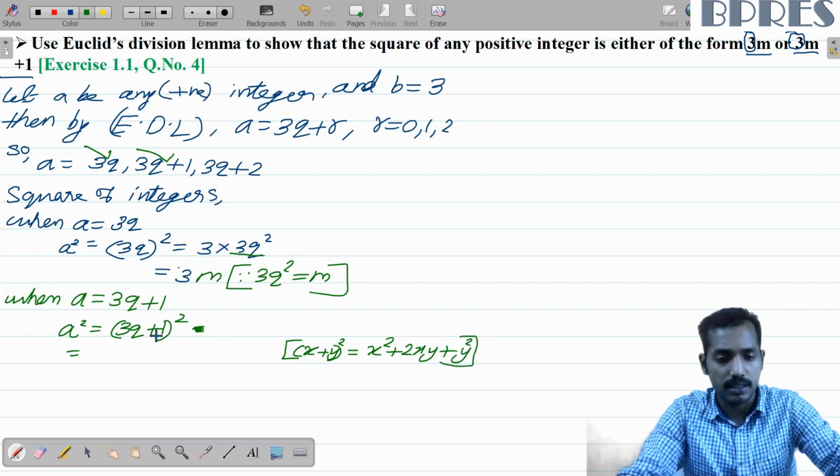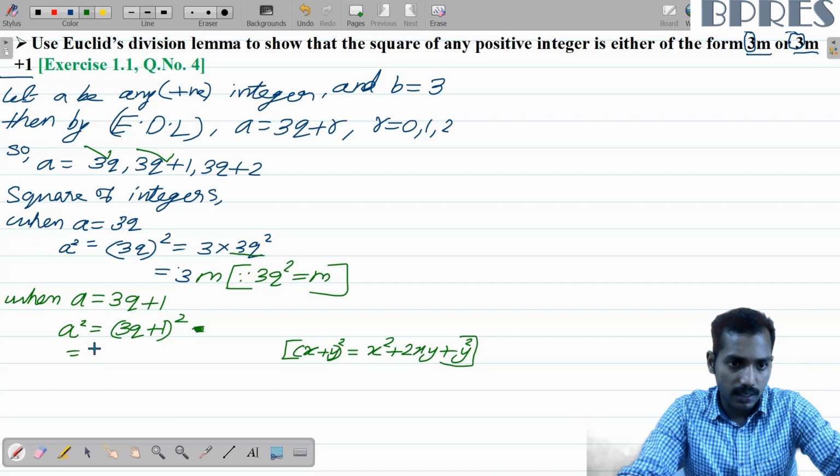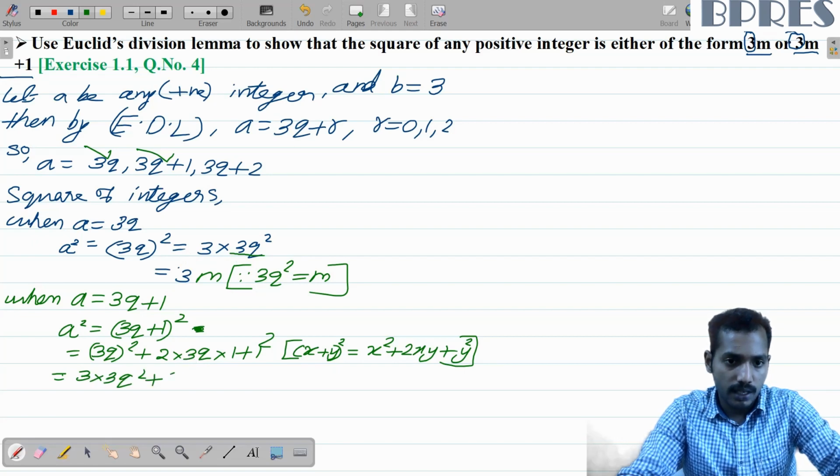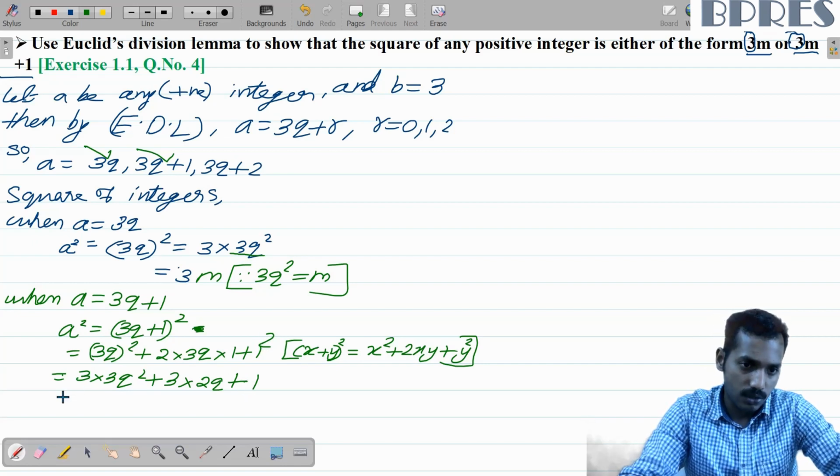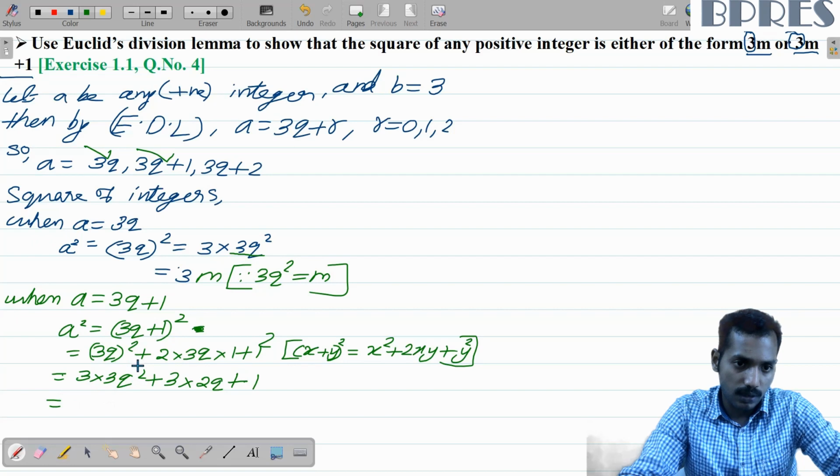Using this algebraic identity, we get 3q whole square plus 2 into 3q into 1 plus 1 square. 3q whole square we already expanded as 3 into 3q square. Then 2 into 3q into 1 we write as 3 into 2q, rearranging it, plus 1 square, which is 1.